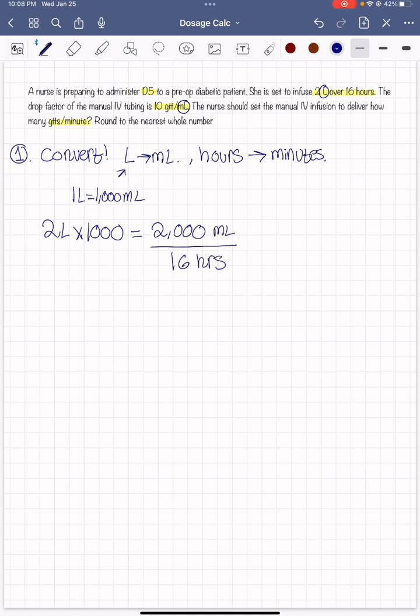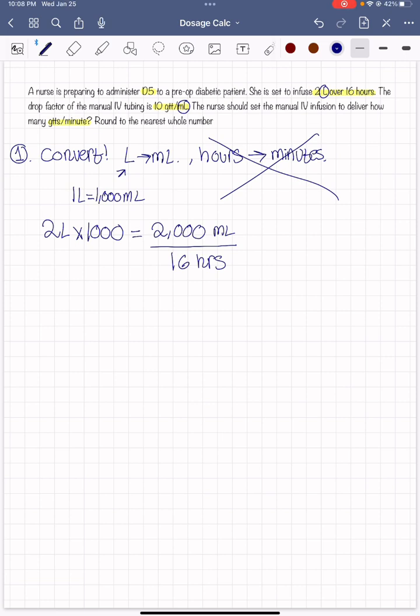Now, I know you might want to jump to converting hours to minutes, but let's hold off on that for now, okay? So for this one, we're actually going to wait to do that, and I'll explain why. So I have milliliters per hour.